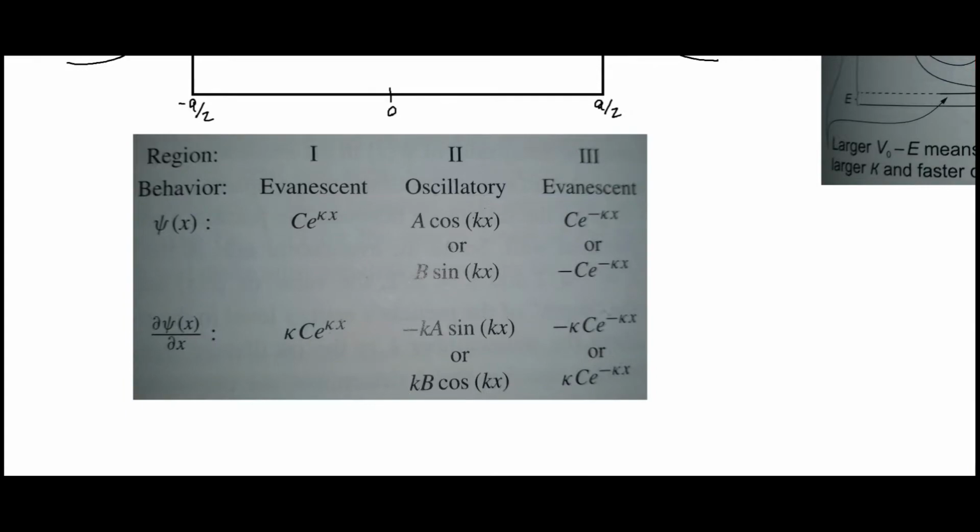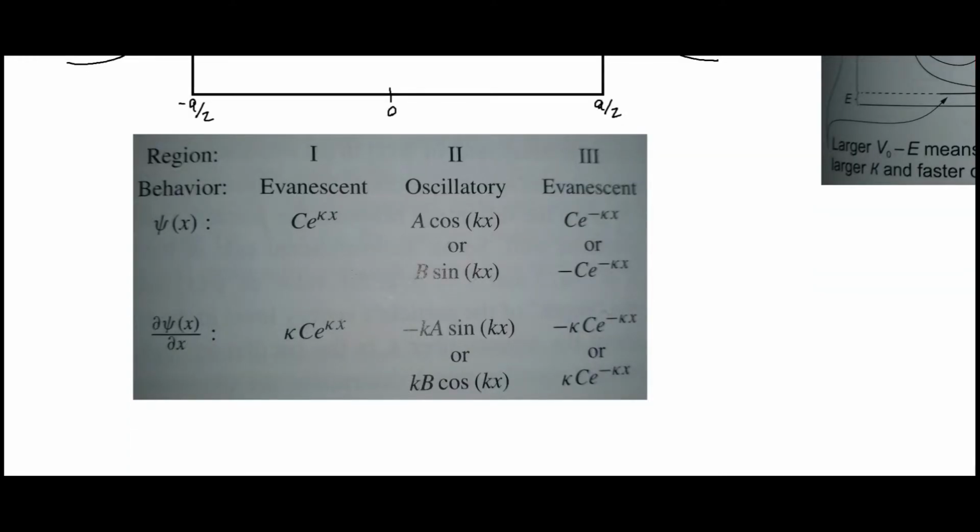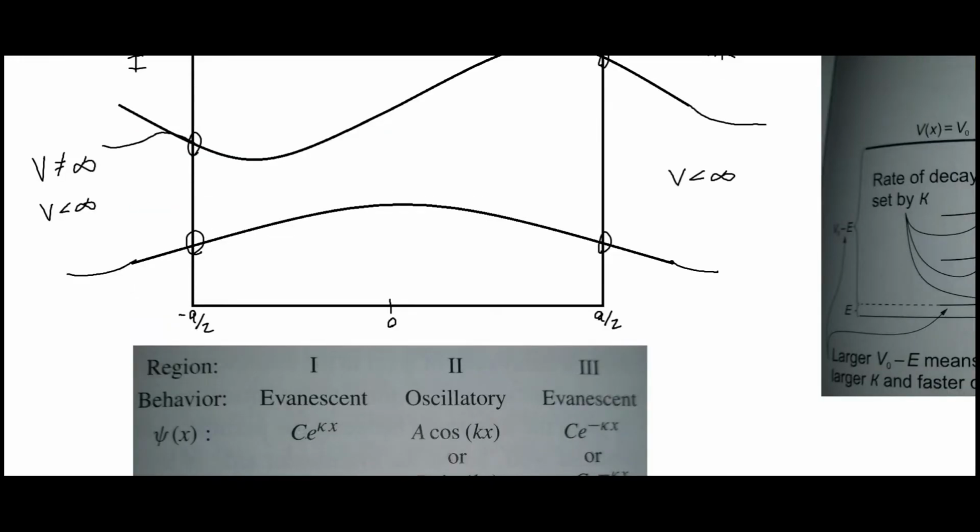And so this is showing the sections I have marked off as section 1, section 2 and section 3 in Roman numerals, which is an image taken right from the book that I've been following for this, A Student's Guide to the Schrodinger Equation by Daniel A. Fleisch. And so this is telling us that in section 1 we have this constant C times e to the kappa x, and that is our decay over here where we're in the negative.